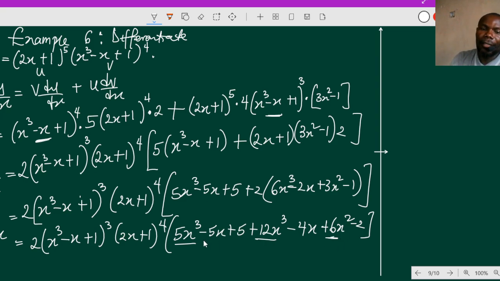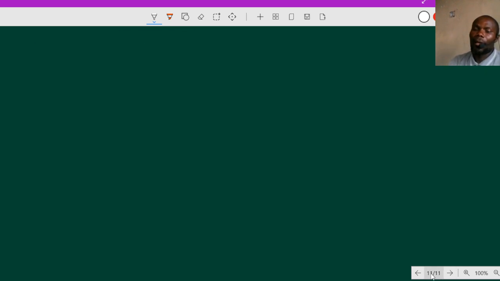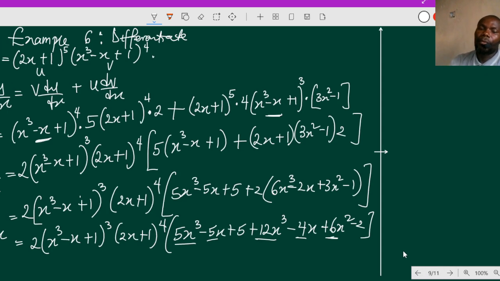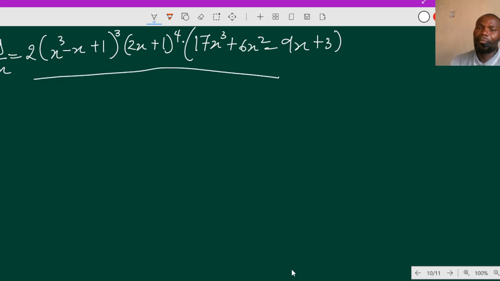Now you add minus 5x minus 4x to give you minus 9x. So we now have plus 5 minus 2 to give us plus 3. So this is the final answer for that question.